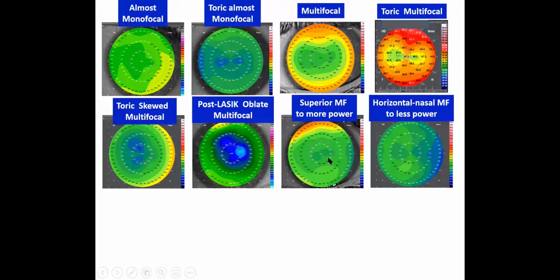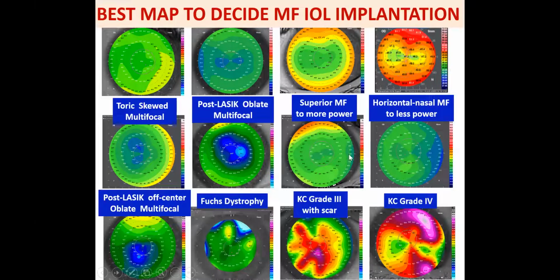This third case in the second line is with neovascularization at the limbus after contact lens use, and the last one is after pterygium surgery, okay? And of course, we may have very irregular corneas with an optics.